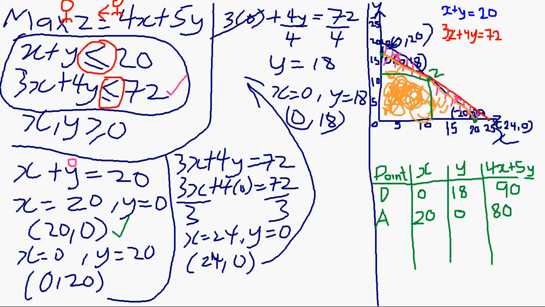So x here is 8 and y is 12. So 8 and then 12. So you see what I was saying, because it wasn't drawn to scale.